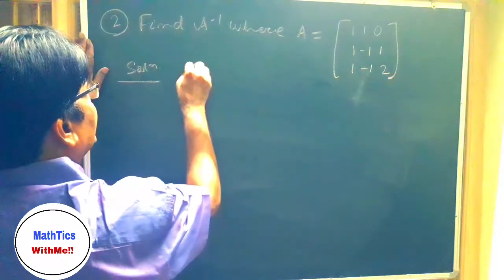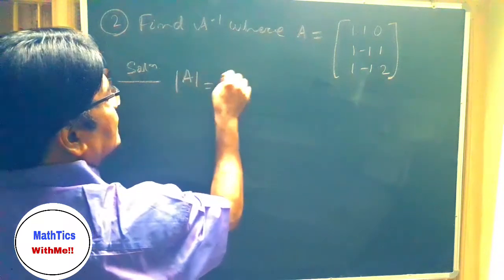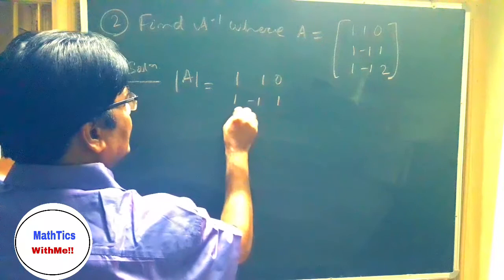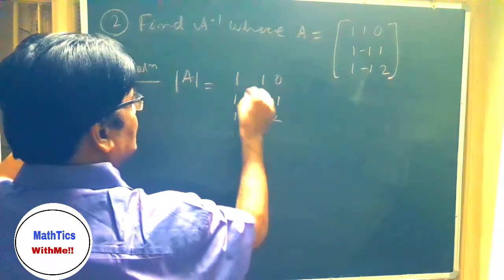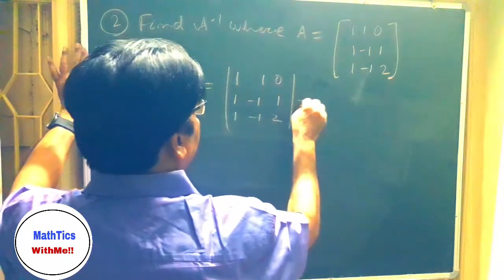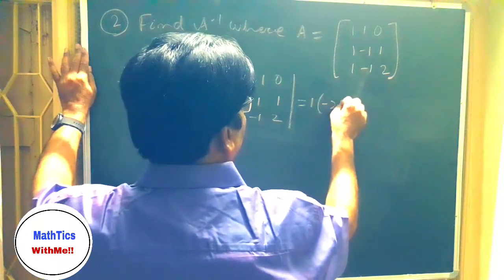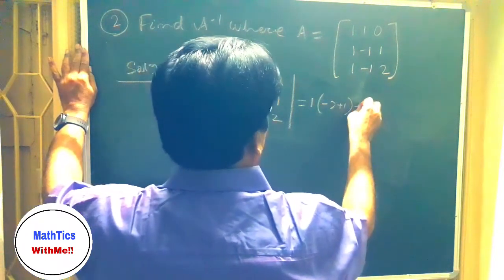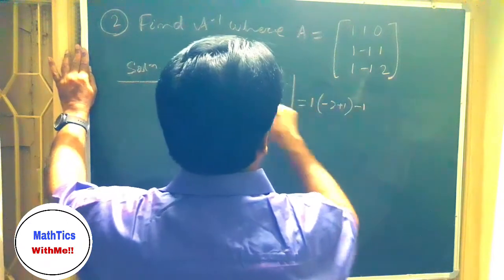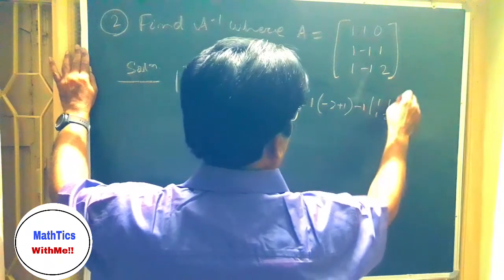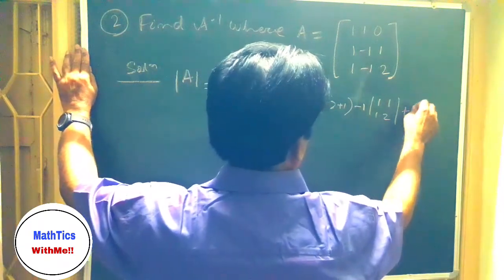Here the determinant of A is equal to 1 1 0, 1 minus 1 1, 1 minus 1 2. So this gives you 1 times minus 2 plus 1, this is minus 1, then minus 1 times 1 1 1 2, then 0.